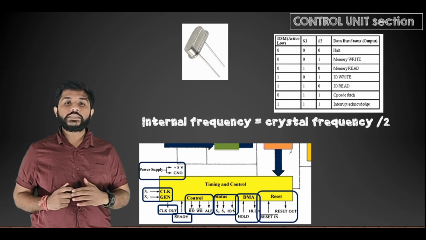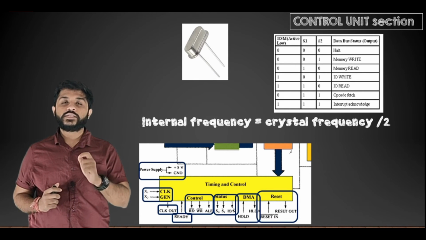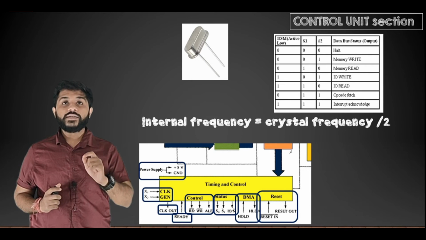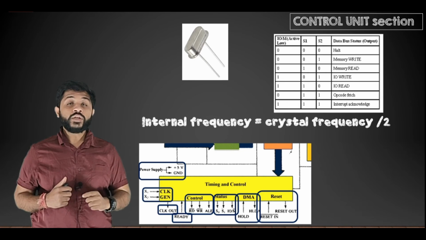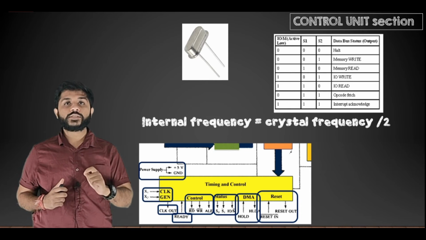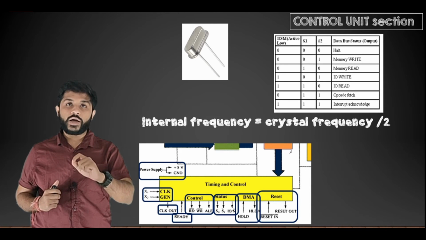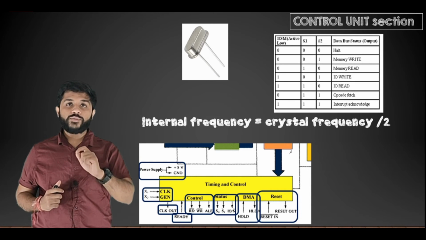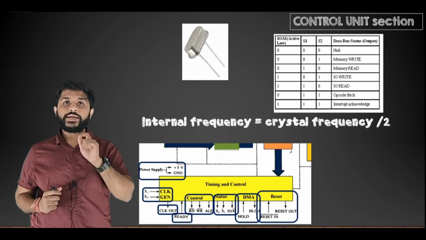The next two pins are the reset pins. You can see the reset in and reset out. Reset in bar is the input pin and reset out is the output pin. If you want to reset the microprocessor, you can send an active low signal at reset in bar. Because bar means active low, if you want to use this pin, you have to send a low signal at this particular pin.